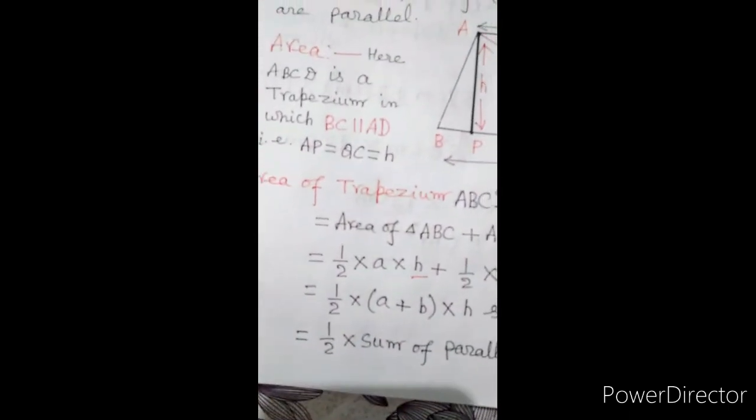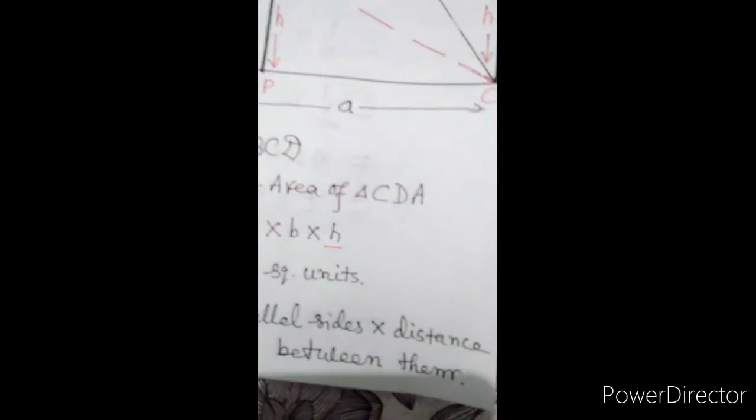In this way, area of a trapezium is equal to half into sum of parallel sides into distance between them.